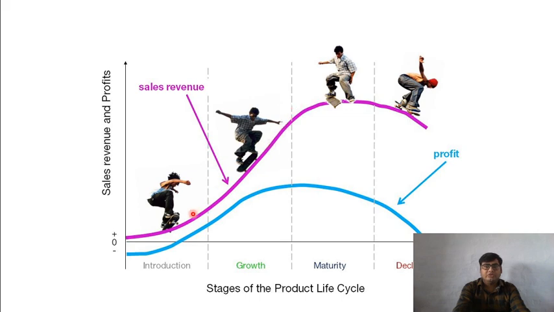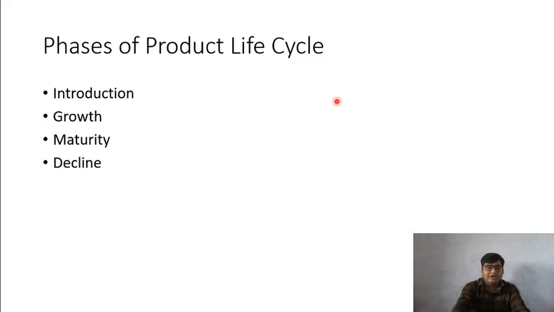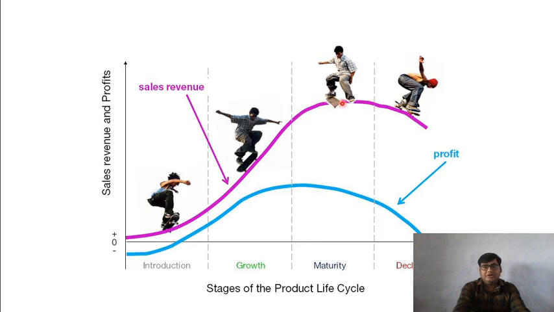This is known as the growth stage. Then the sales will reach a peak and it will be steady. At this point, sales will be at peak and steady. This is known as the maturity stage.